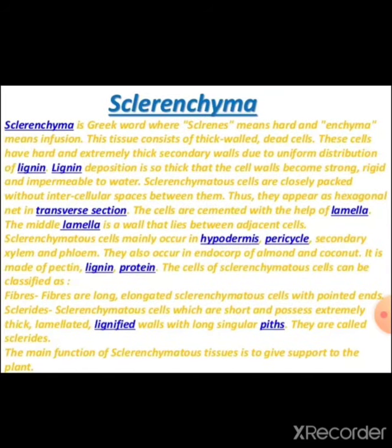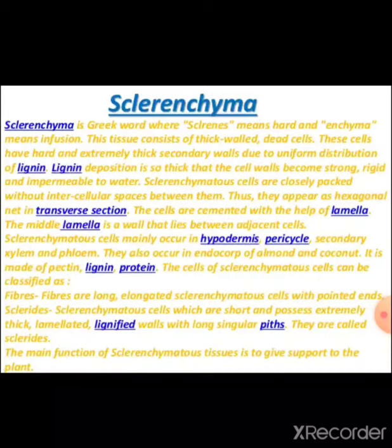Sclerenchyma is also a very specialized type of tissue. Again, this is derived from a Greek word where sclerous means hard and enchyma means infusion. This tissue consists of thick-walled dead cells. These cells have hard and extremely thick secondary walls.